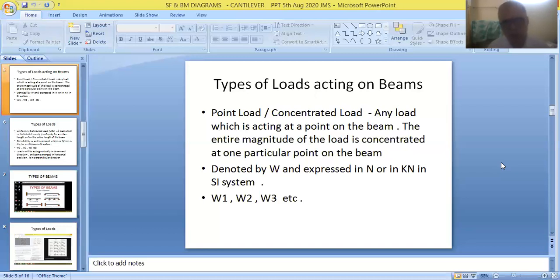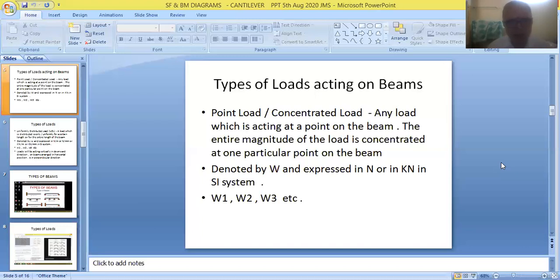In some problems, they are expressed in newtons, in some problems in kilonewtons. So we are following the SI system. Therefore, point loads are always expressed either in newtons or in kilonewtons.